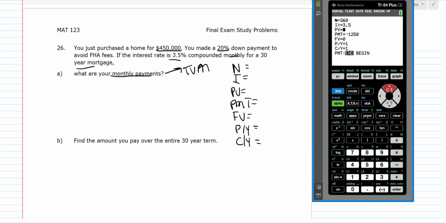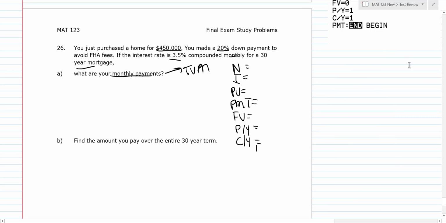Oh, first of all, what we got to do is the down payment. I didn't think about that. First step is figure out the down payment. So we need to do 450,000 multiplied by 20% to get the down payment. So 450,000 times 0.20 means that you're making a down payment of $90,000.